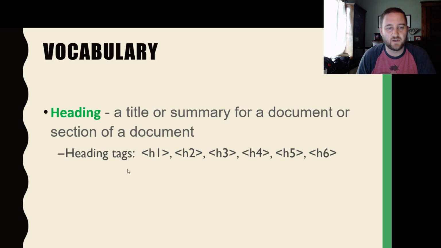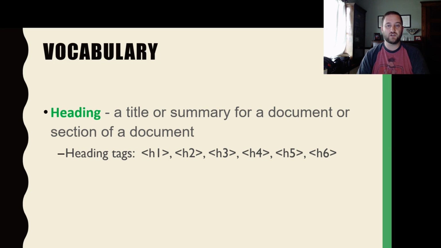The tags that you're going to use for headings are H1, H2, H3, H4, H5, and H6. Each of these has to do with the size of the font when you put it in your website. H1 is going to be the biggest font, whereas H6 will be the smallest of those headings.